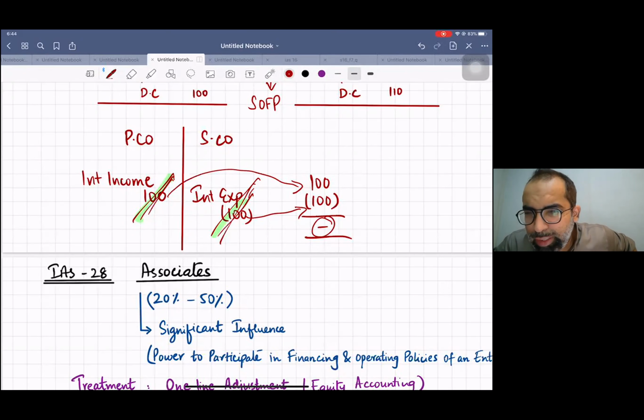Sometimes S company gives dividends to P company, obviously, because parent company is the biggest shareholder of S company. So in that case we need to cancel out the dividends as well. Dividends from S company will be cancelled out.